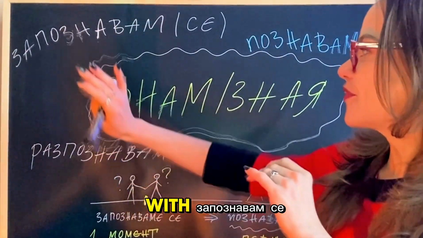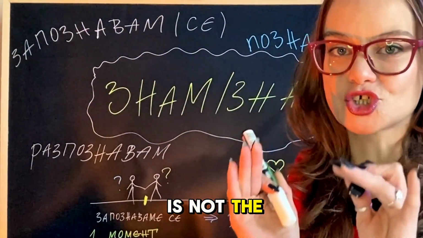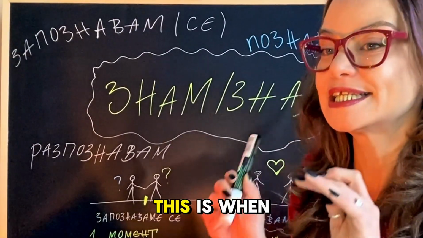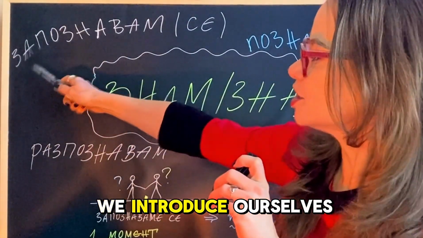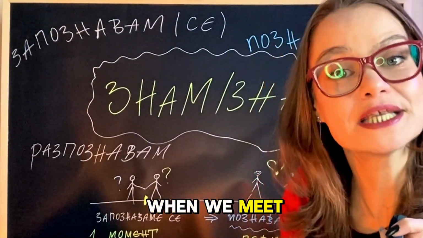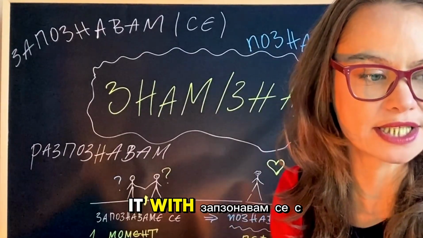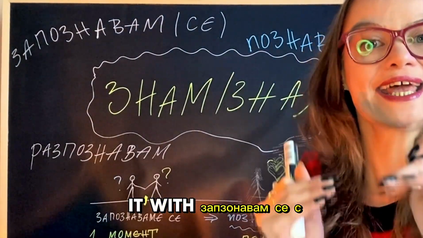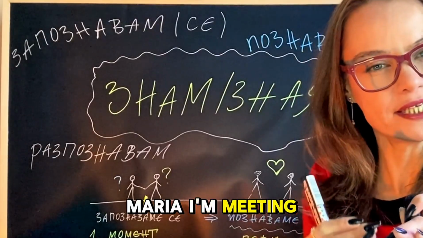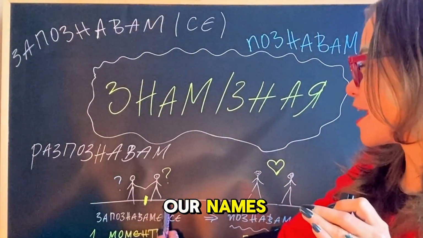Starting with Запознавам се. I know this is not the shortest way, but this is when we introduce ourselves to somebody else, when we meet them for the first time, and we'll use it with Запознавам се Maria. I'm meeting Maria for the first time and we exchange our names.